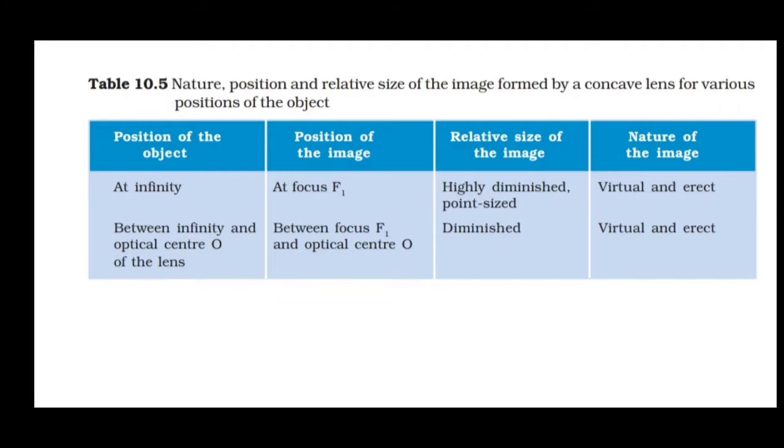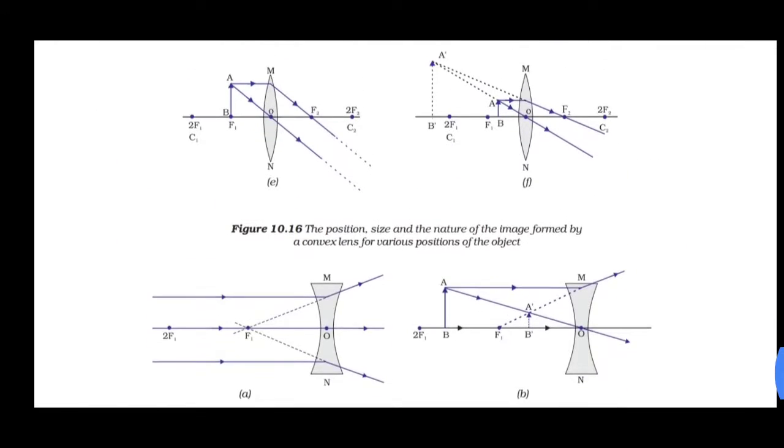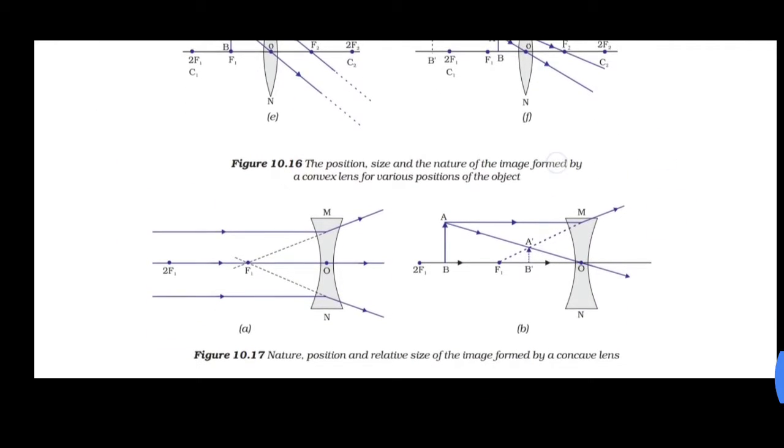In both cases, the nature of the image is virtual and erect. When the object is between infinity and the optical center, the image will be between f1 and the optical center, diminished, virtual and erect. Now let's see the ray diagram.